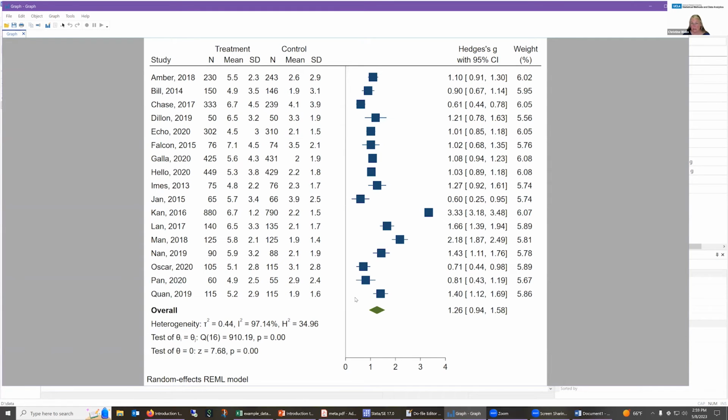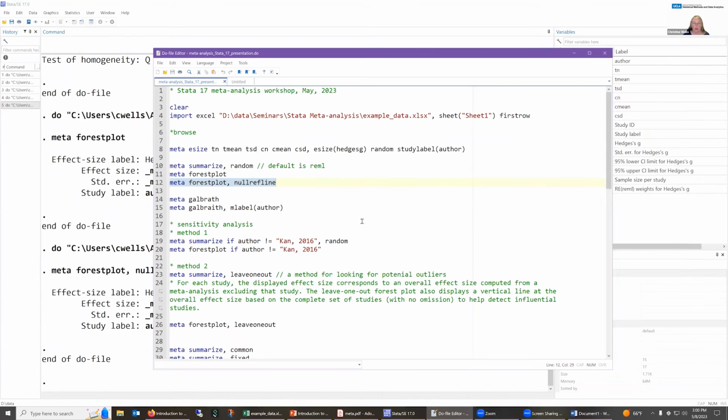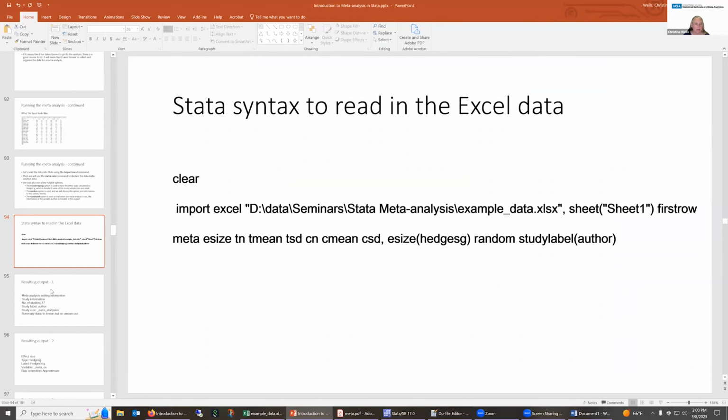At least in this example, it really brings home the fact that all of my studies have effects that are greater than 0, although some of them are starting to get a little bit closer to 0 here. But if you've got stuff that goes back and forth around 0, having this ref line may make that a little more obvious for your viewers.